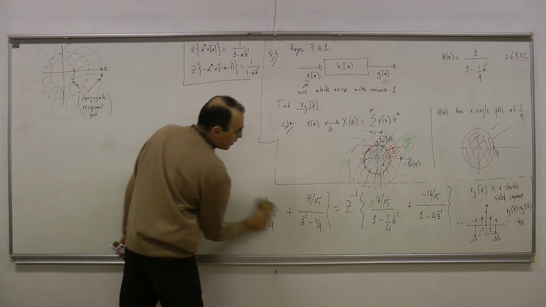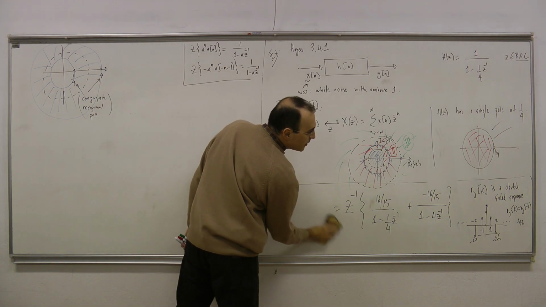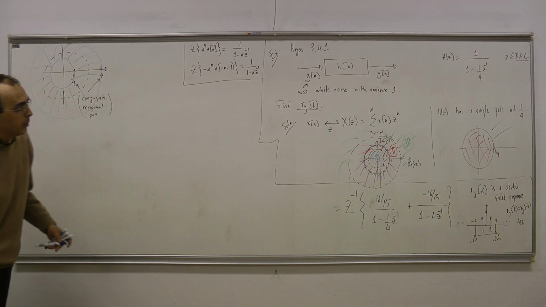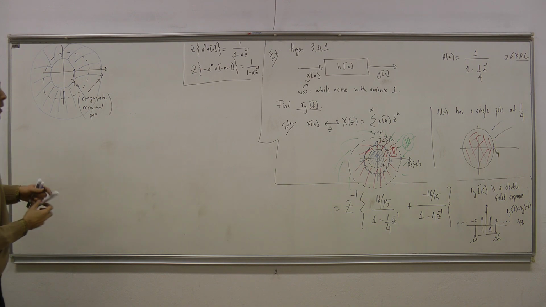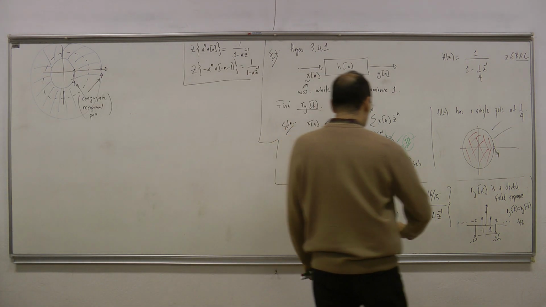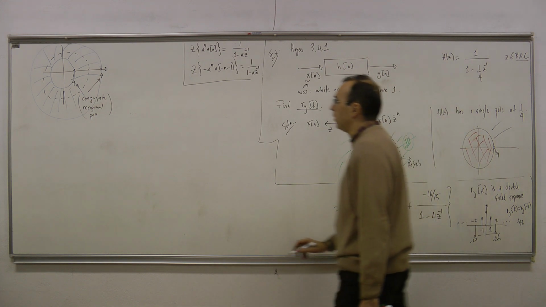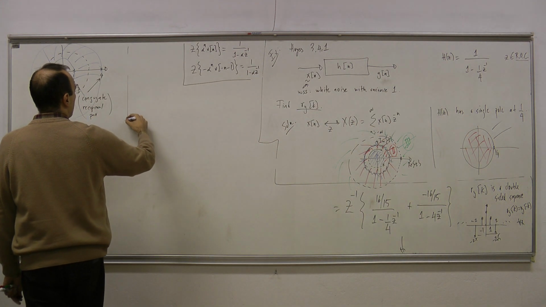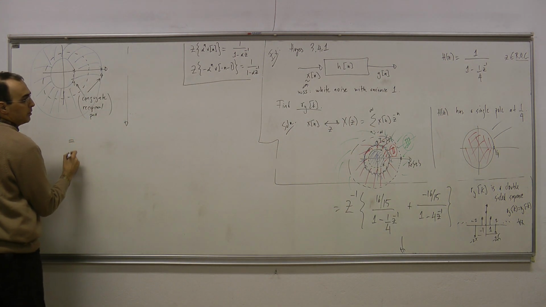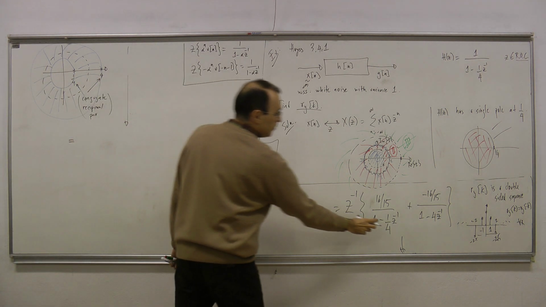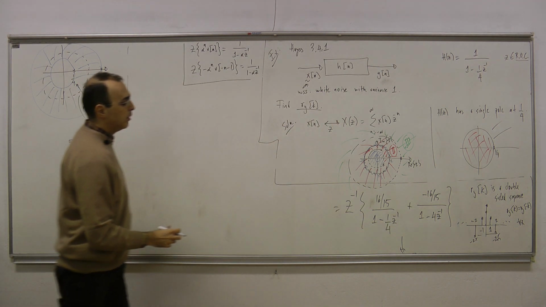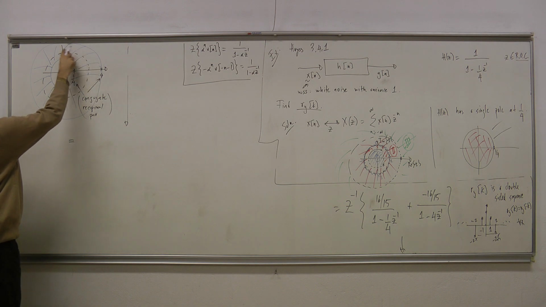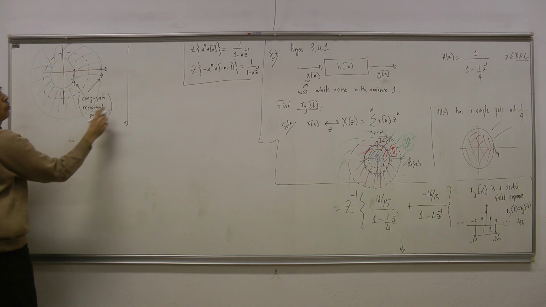So as you see, there is some computation going on, but it's not terribly complicated. You just have to be careful. Okay? So this goes on. Let's say over here, this is equal to this term. This term has a pole at 1 over 4, and for this region of convergence, this term is the causal part.